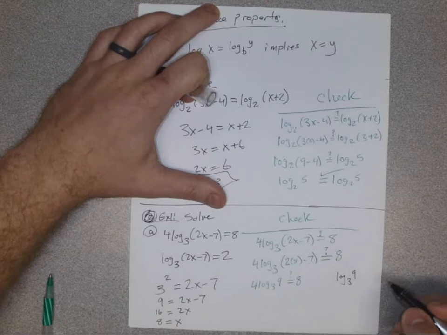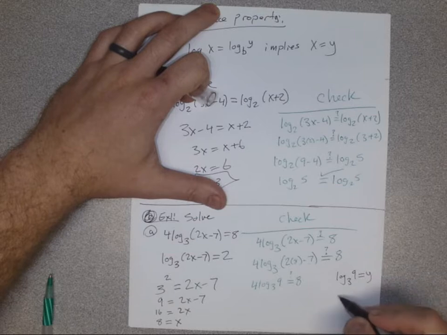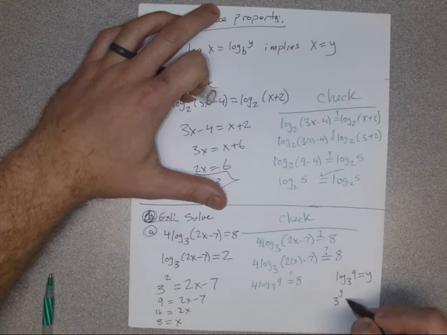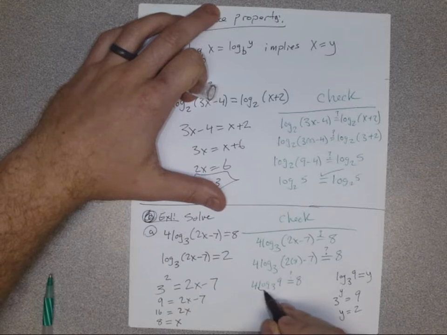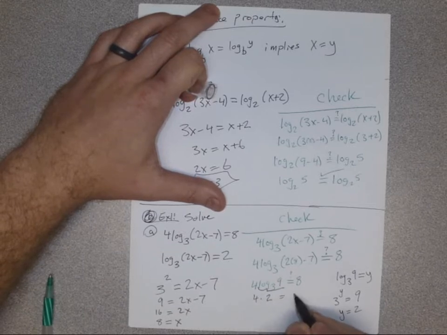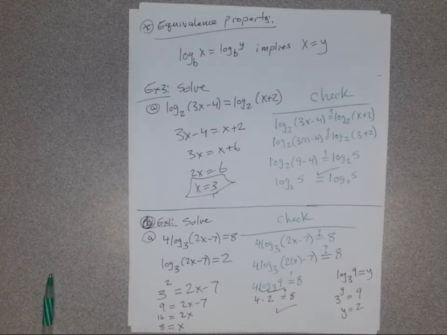This is log base 3 of 9. So let's set that equal to something. So we're in log form, convert it to exponential. 3 raised to the exponent of y is equal to 9. So that tells me y is equal to 2. So this portion here becomes 2. This 4 stays here. And is that equal to 8? Yes, this one checks out.